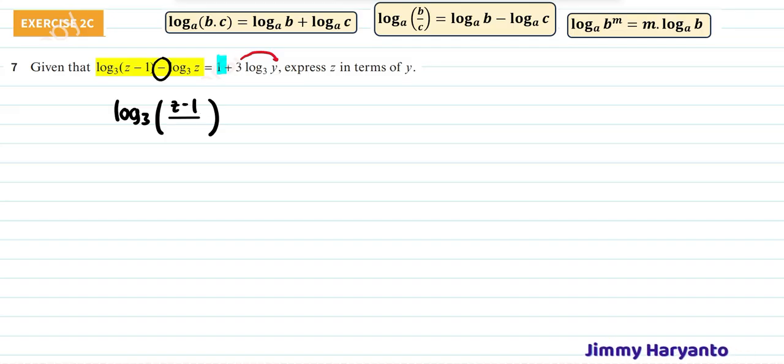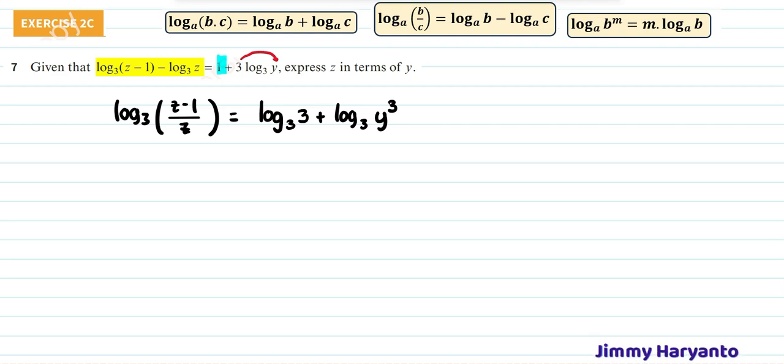Because this one is subtraction, that means division. Z equals to, the 1 will become log 3, and then the 3 will go back, so like this. We'll go to the back, and then I think you can combine this one using the properties of multiplication.